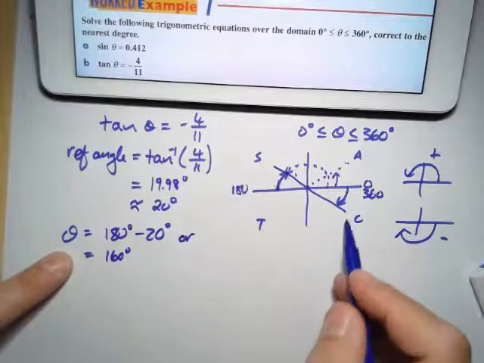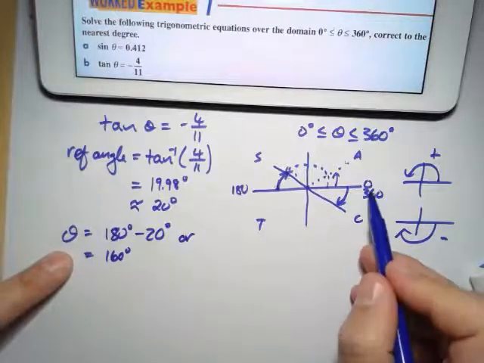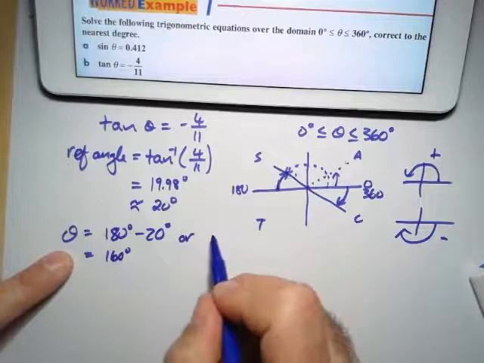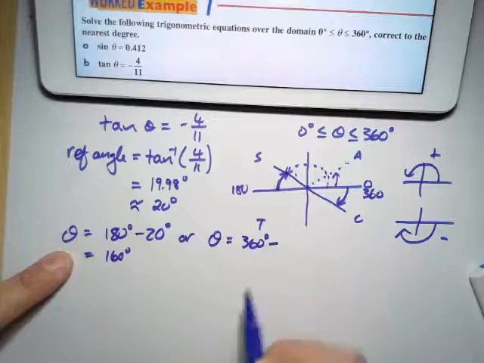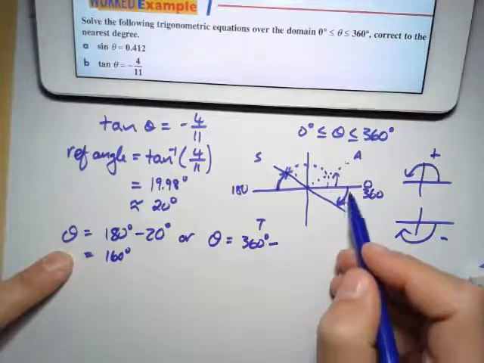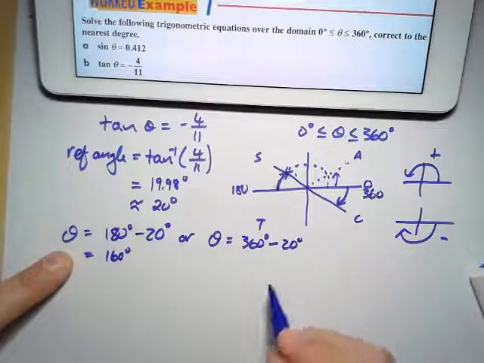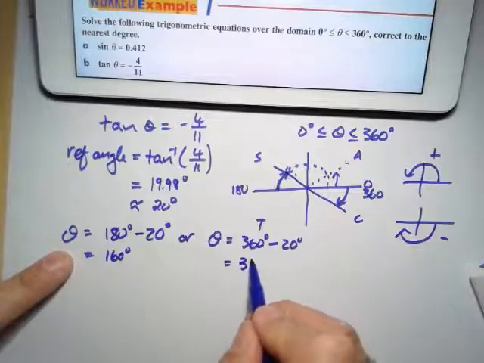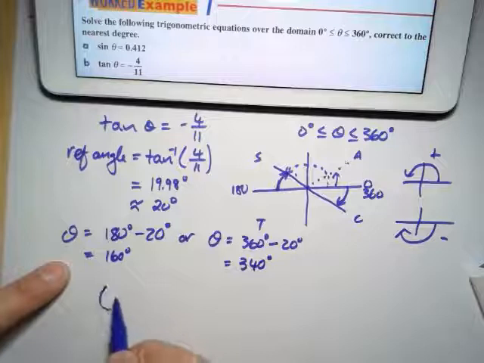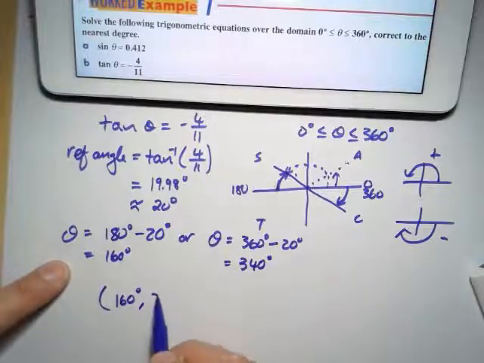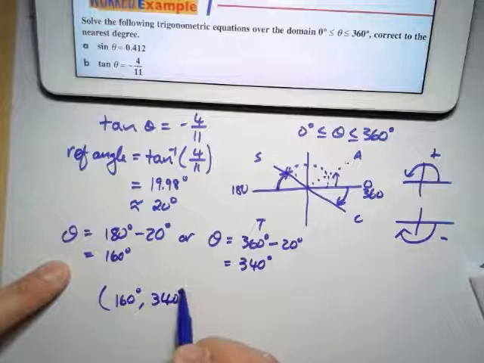Or in my fourth quadrant, I'm going from 360 into the negative direction. So theta equals 360, take away my reference angle, which is 20 degrees, and that gives us an answer of 340 degrees. So I have 2 answers, 160 degrees, 340 degrees.